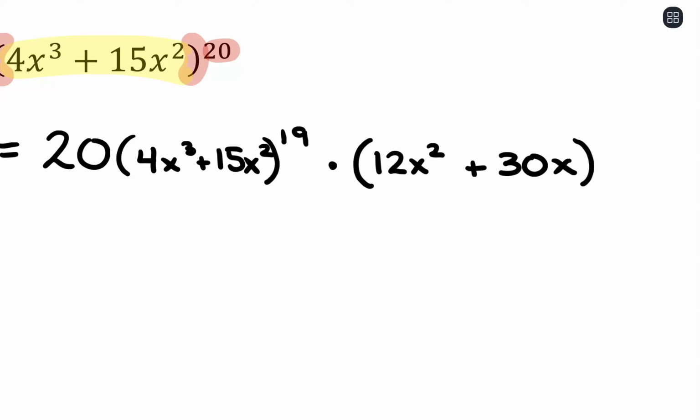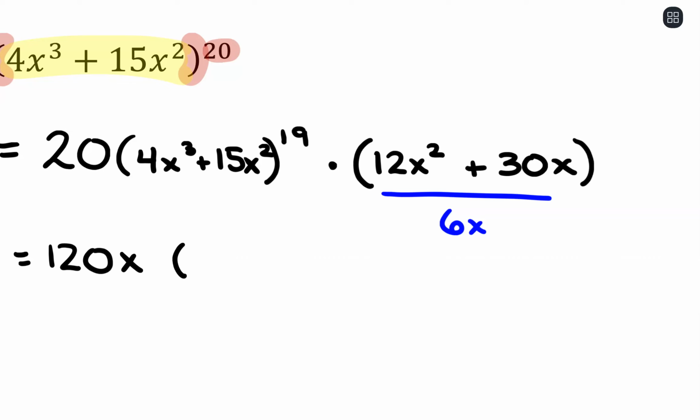Maybe I'll do the one step of, I'm going to factor out a 6x from that spot. So what that would do is we'd have 20 times 6, which is 120. We'd have x coming out of there. And what that will leave me with in those parentheses is a 2x plus 5.